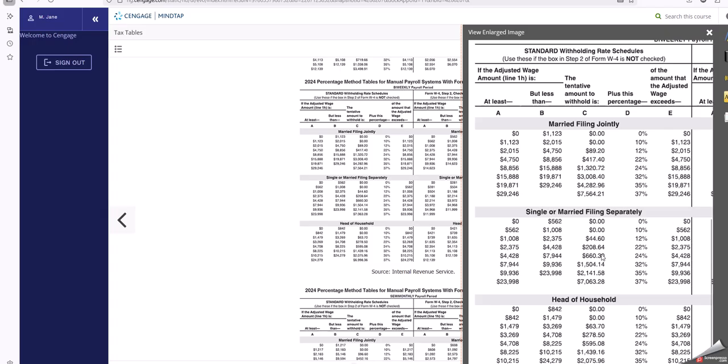So then that is going to be $44.60 plus the amount by which it exceeds $1,008, and then we're going to multiply that by 12%. So his was 1,775, the amount by which it exceeds 1,008. So 1,775 minus 1,008 gives us $767, and then that we're going to multiply by 0.12.